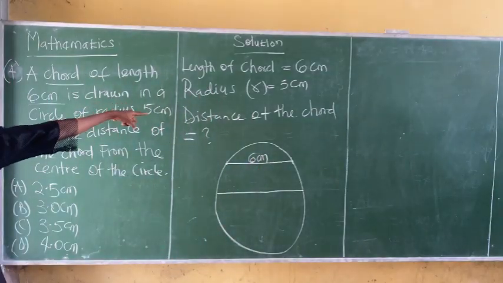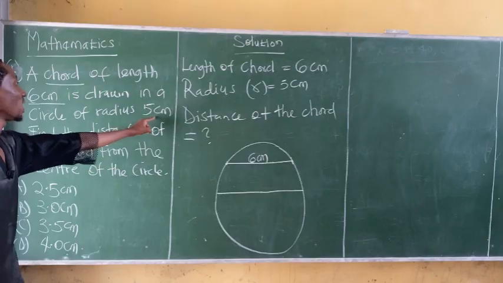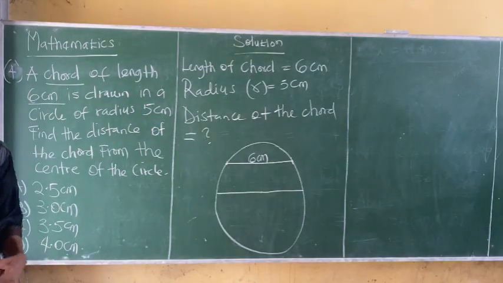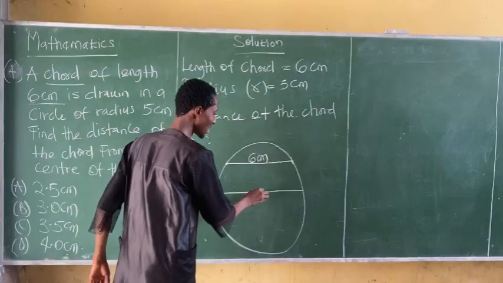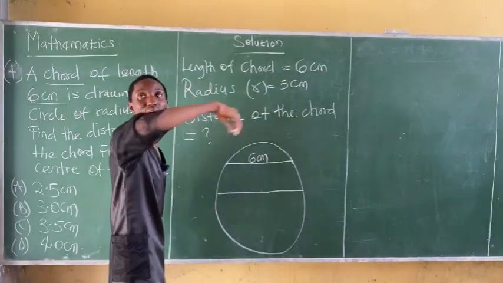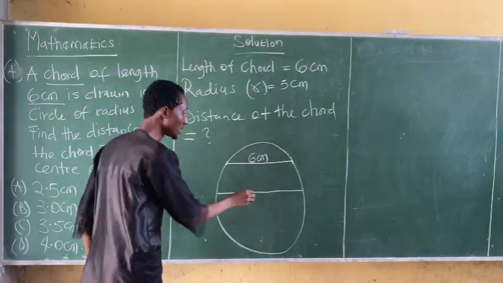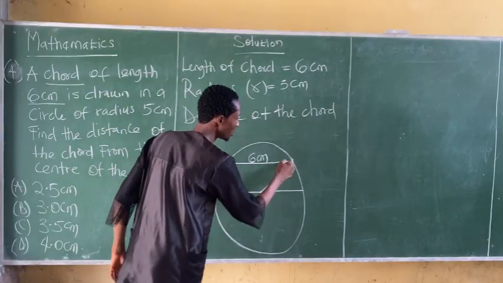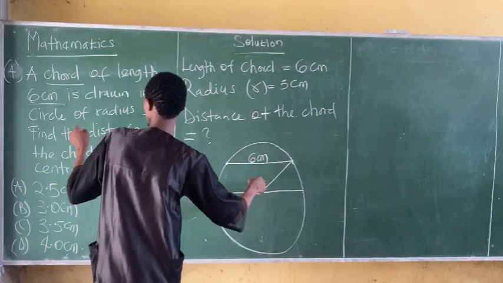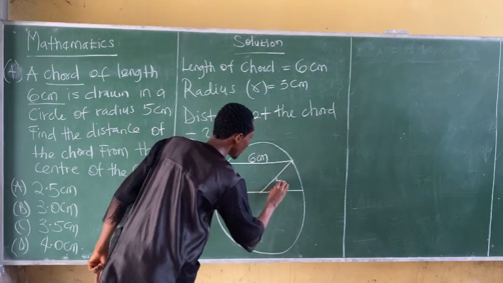It is drawn in a circle of radius 5 cm. Now what is radius? Radius is a line drawn from the center of the circle to any part of that circle. So let's say this is the center of the circle. Let's draw this line from here to this point. This is the radius. It is 5 cm.